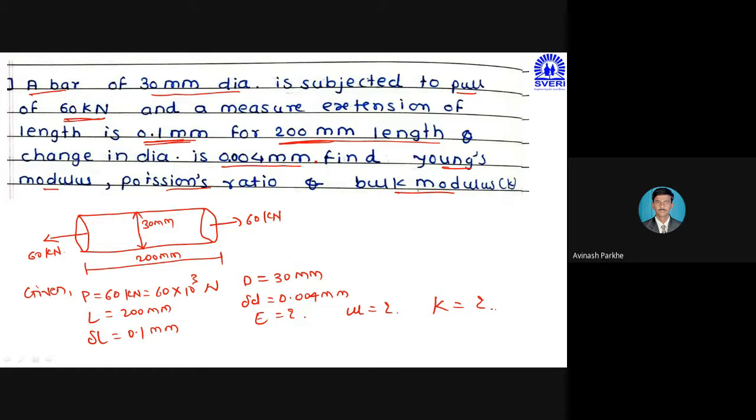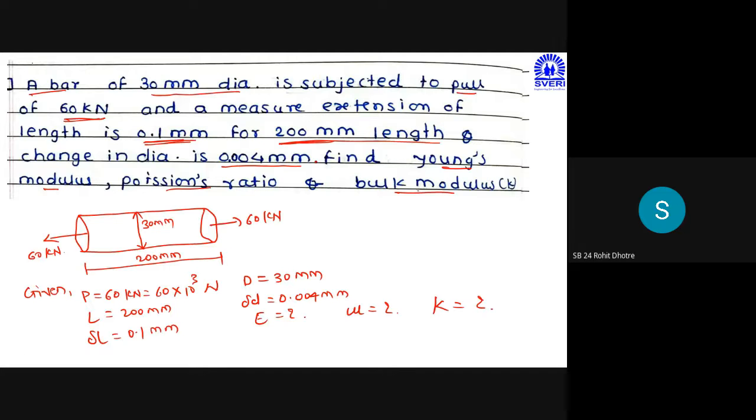Now, as we have to calculate the first parameter, Young's modulus E, which relation can I use? Delta L is equal to PL upon AE.